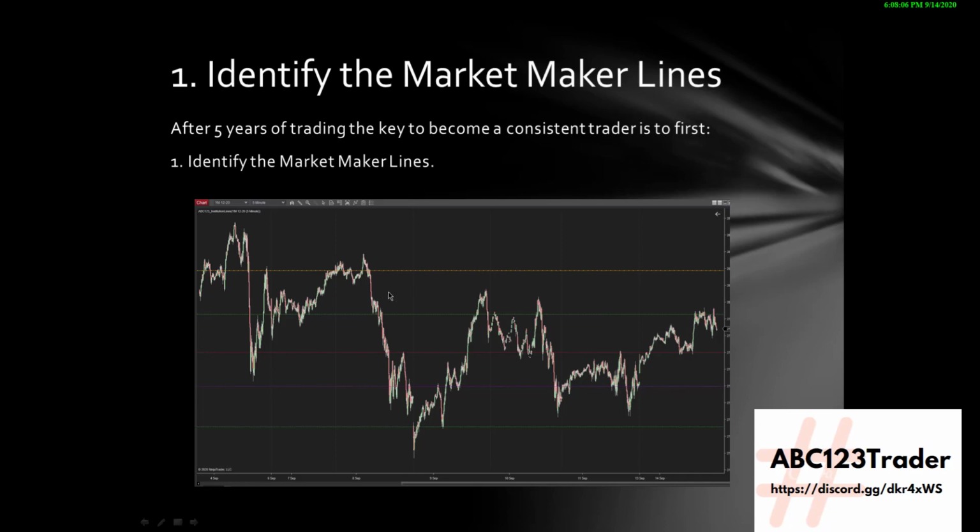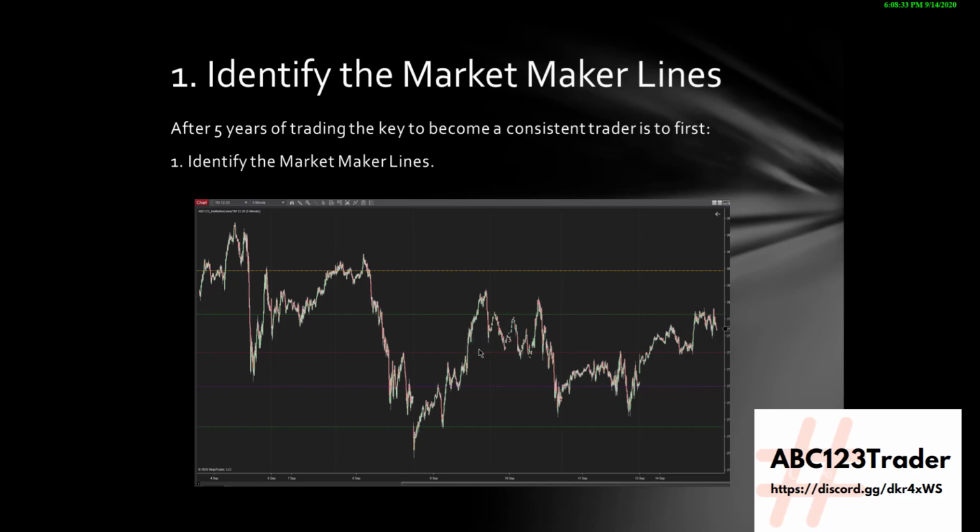What you'll notice is in this zone right here, from this yellow line to the green line, see how it vibrates and oscillates. And then it goes back to the yellow line, vibrates and oscillates. Comes back down to this green line, vibrates, oscillates, and then gets to the next level, vibrates. As you can see where they're tapping up and down, up and down, I strongly believe these are the market maker lines.